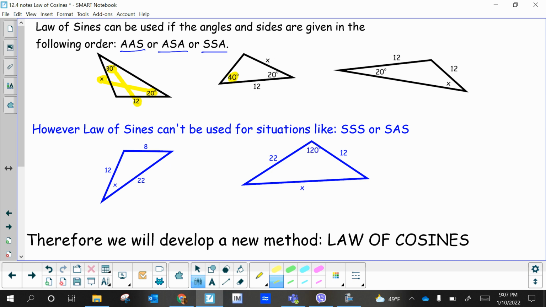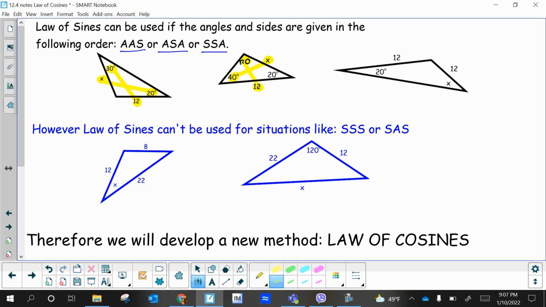This one here is opposite of the side I'm looking for. And I don't know this one, but if I know that's 40 and that's 20, I can easily do the 180 rule and figure out that that's 60. This has to be 120.